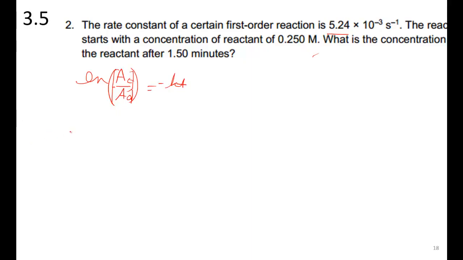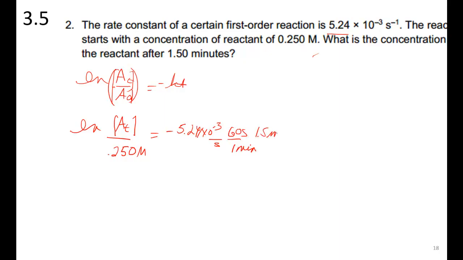So this is the natural log of the concentration of A_t over the initial concentration, which I'm given as 0.250 molar. That's equal to the negative of my rate constant, which is 5.24 times 10 to the minus 3 per second, and I have 60 seconds in 1 minute, and this is 1.5 minutes.